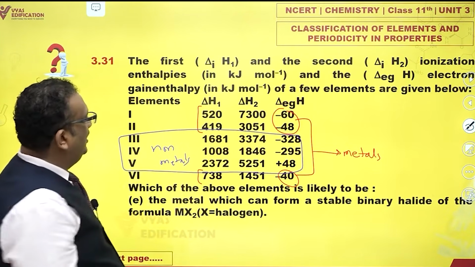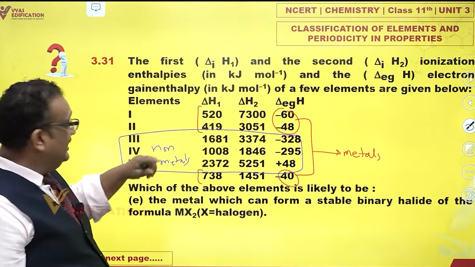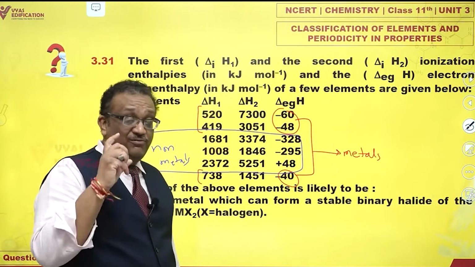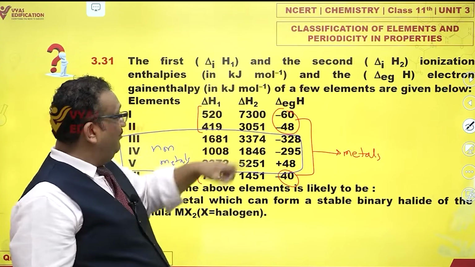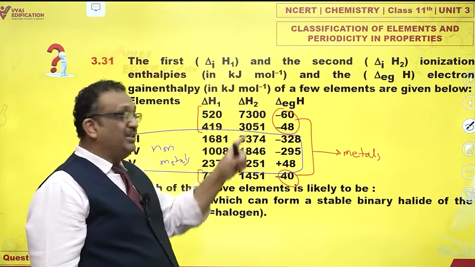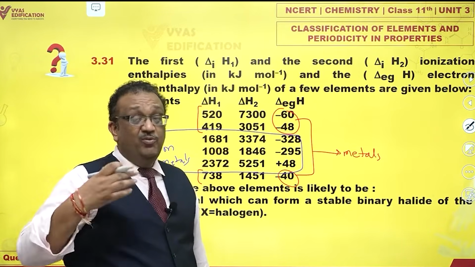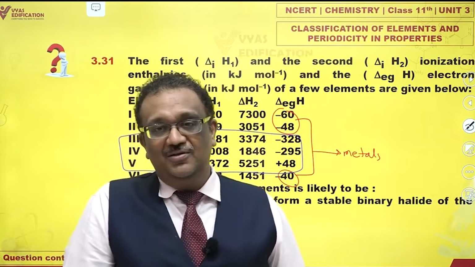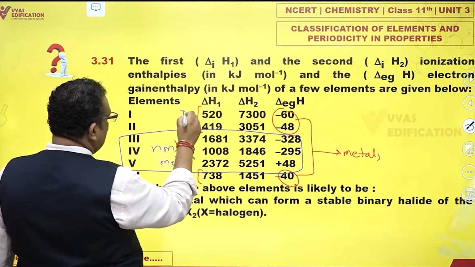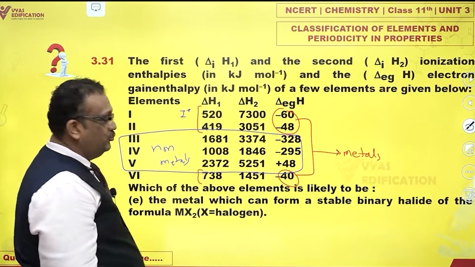Fine. Amongst these 3, see, 520 is the energy required to remove the first electron. The second one, if you remove it, is more than even 10 times more, more than 5,200. That means removal of the second electron is very difficult, so most probably it forms only +1 cations, not +2.